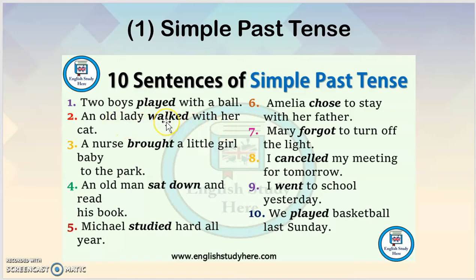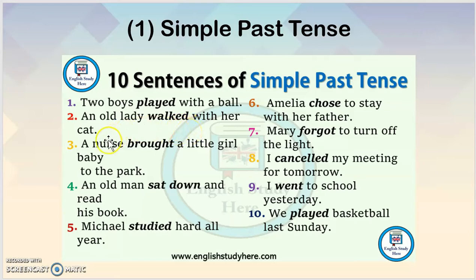The word played comes from the root word play plus ed. Okay? The second one, an old lady walked with her cat. The word walked comes from the root word walk plus ed.